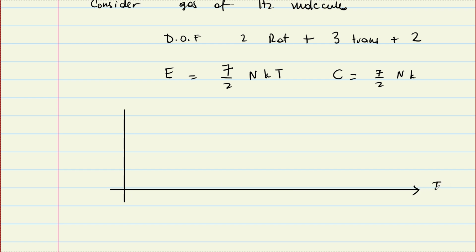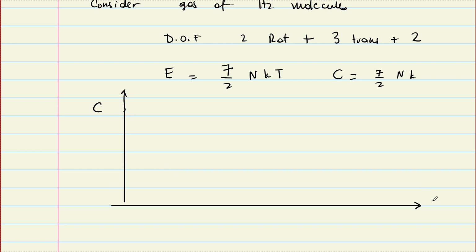Let's say this is T, and this is C. I have here 3 over 2, I have here 5 over 2, and this is kT, and I have here 7 over 2 kT.